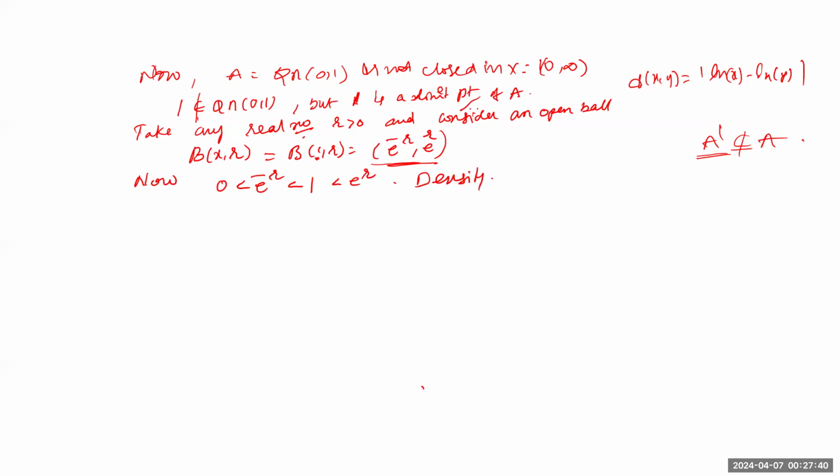By the dense property of rationals in R, there exists a q belonging to Q such that 0 < e^(-r) < q < 1 < e^r.